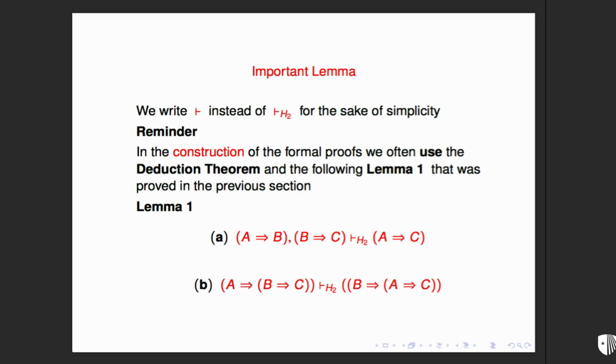First of all, these are those two lemmas which we proved, A and B. I already proved them using the deduction theorem; we know that we have those lemmas for H2 because we proved that the deduction theorem holds for H2.